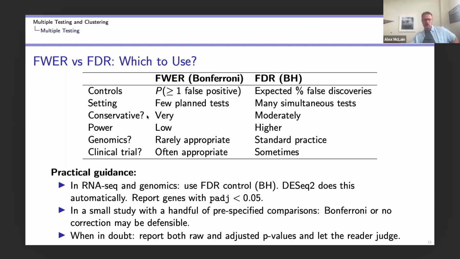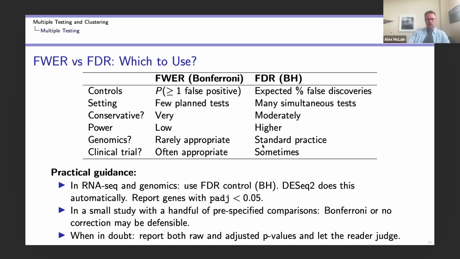How conservative are they? Family-wise error rate is very conservative. The BH procedure is still a moderately conservative procedure, but it certainly has a lot higher power than the Bonferroni procedure does. Family-wise error rate control is used in genomics sometimes, but not all that often.